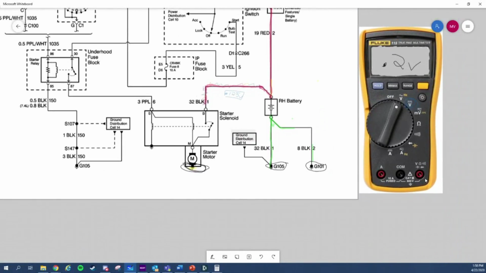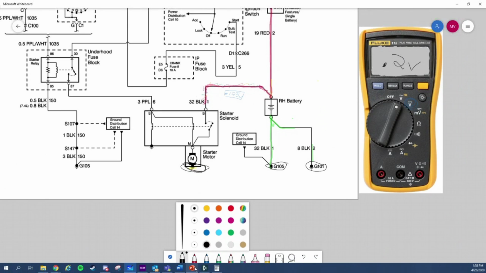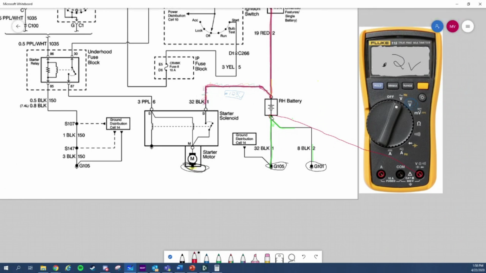Here, what you would have to do is, let's just say, red lead on your ground terminal right here, and your black lead needs to go to the first one, G101. If the result is less than 0.2, that is good. Your next one would be G105.